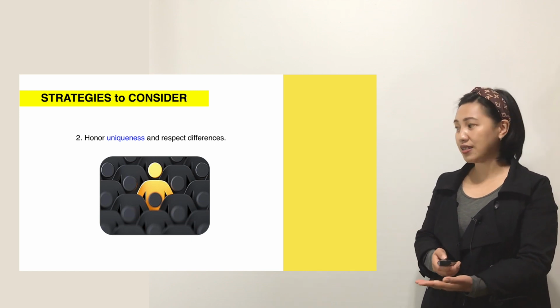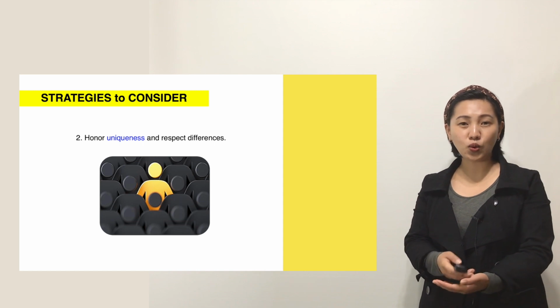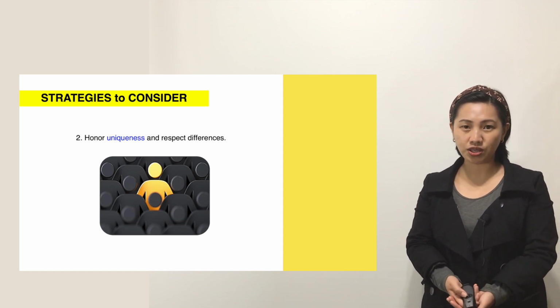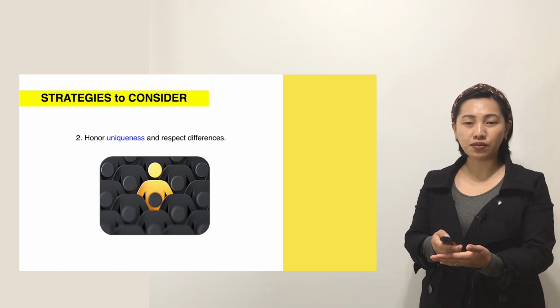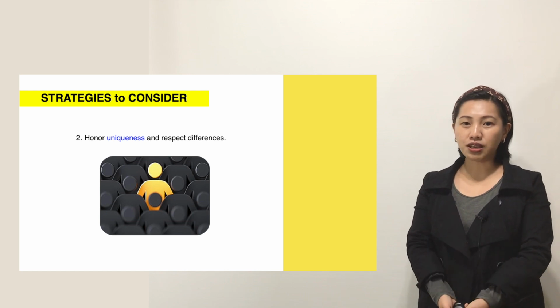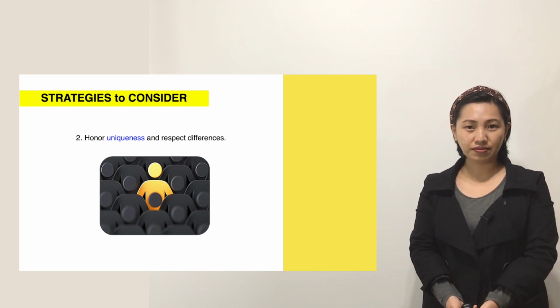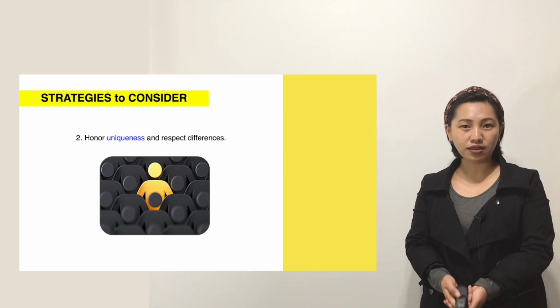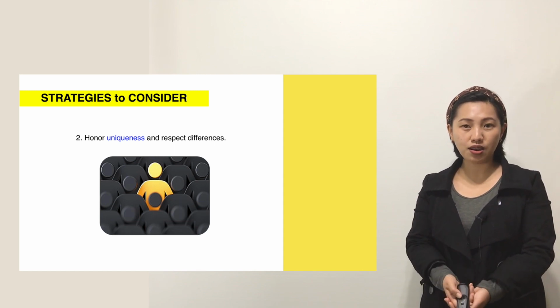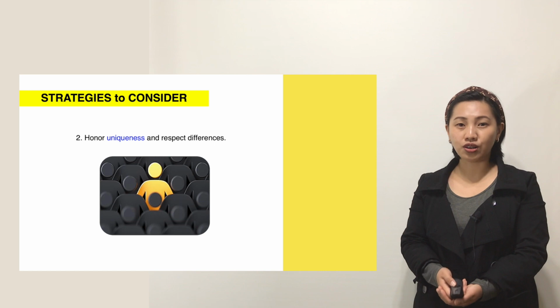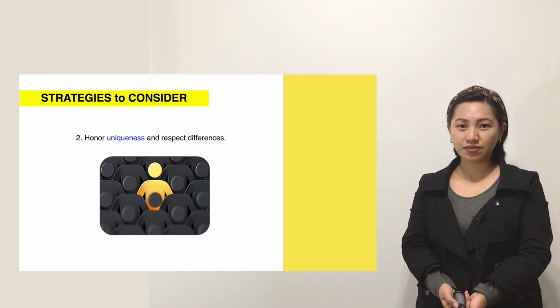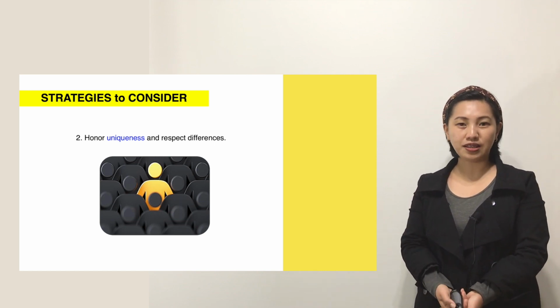Because every brain is different, we need to use a variety of strategies to accommodate those differences and to maximize learning for every student. We should look for ways to provide for the differences of our learners' abilities, especially cognitive abilities.